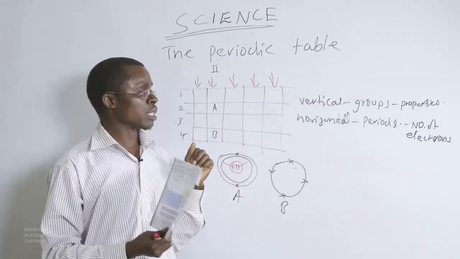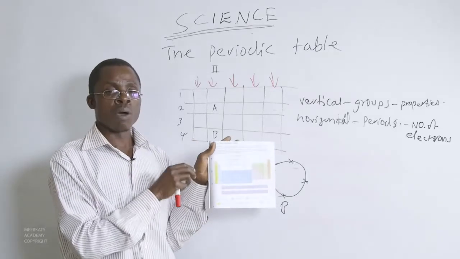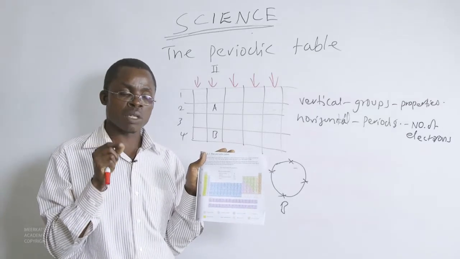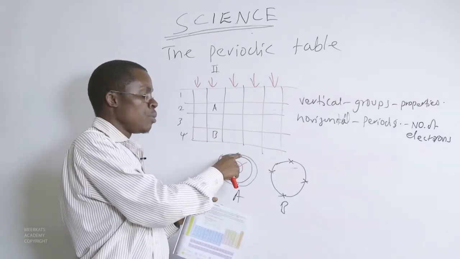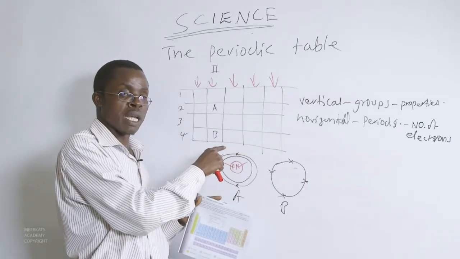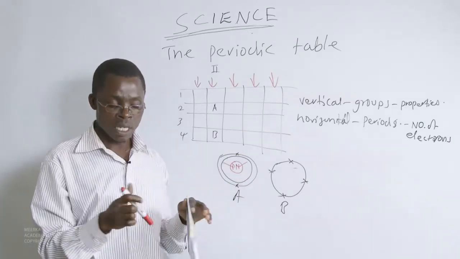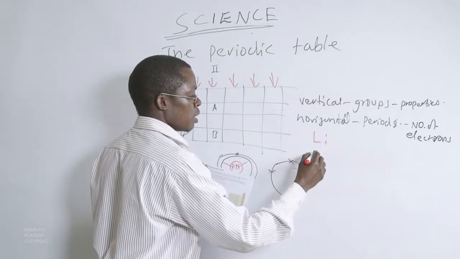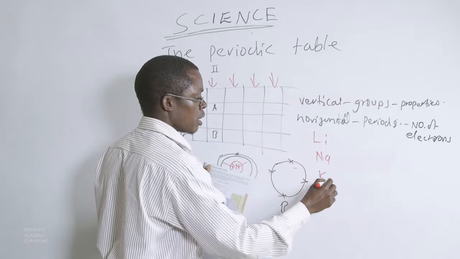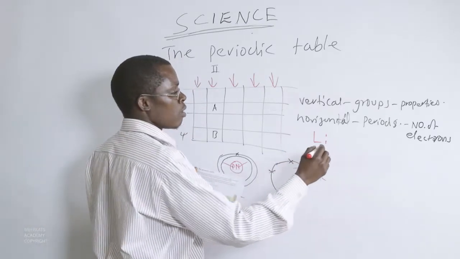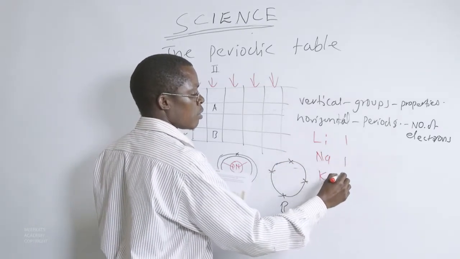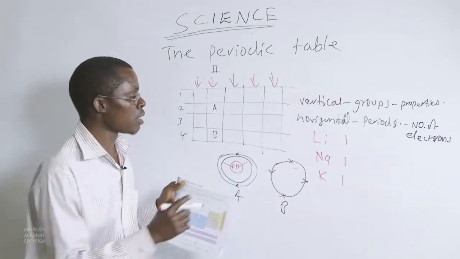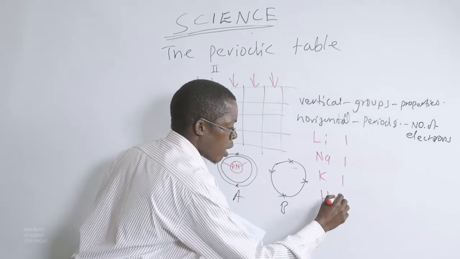One of the characteristics that this family is having is the number of electrons on the outermost orbit or outermost energy level. Starting from lithium, sodium, if I can just use these three, they all have 1 electron in their outermost orbit, just like hydrogen, which also has 1.